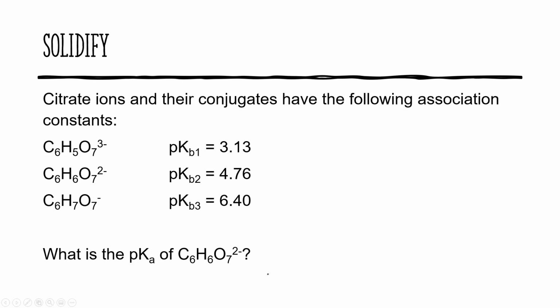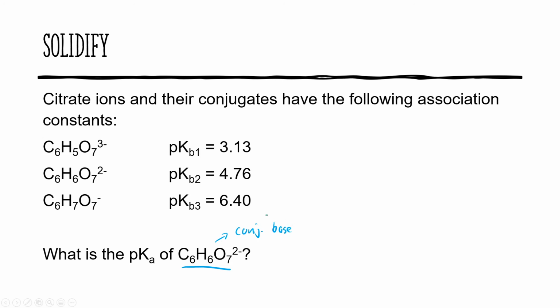All right, one more, and we're flipping it around for you now. Pause the video, you know the drill. Good luck. All right, we're looking for the pKa. Oh, that's different. The pKa of this citrate ion. All right, fair enough. So this is acting as an acid. We need to find its conjugate base.